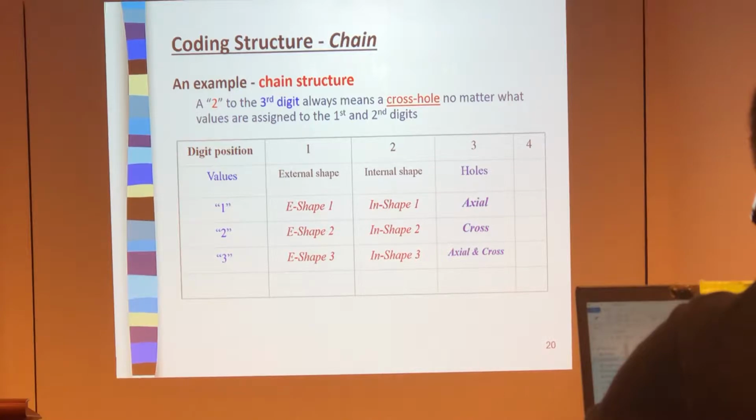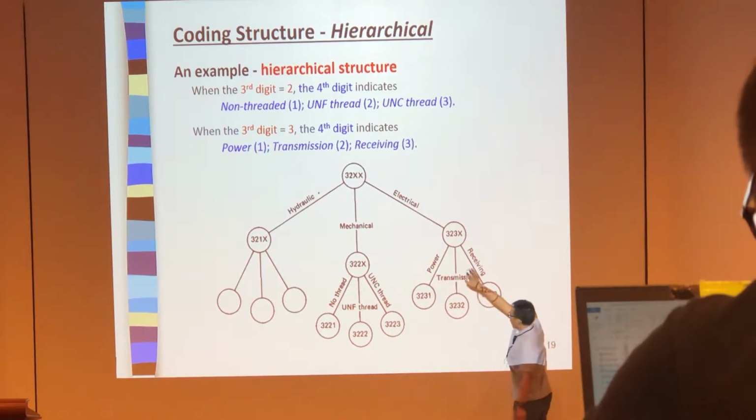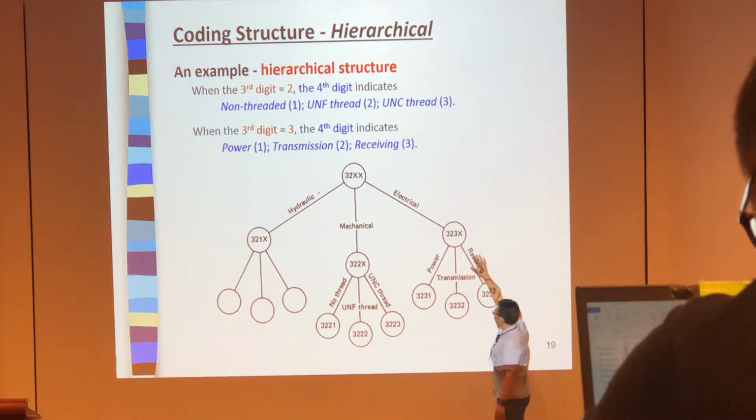In contrast, there is another structure we call hierarchical, like a tree with branches. In this kind of structure, the meaning for a particular digit with a particular value is not fixed. It depends on its preceding digit. The example I'm showing is here. This is also a 4-digit code.